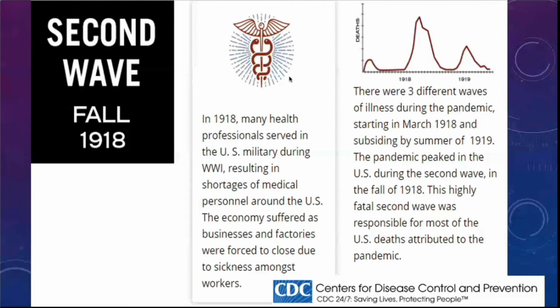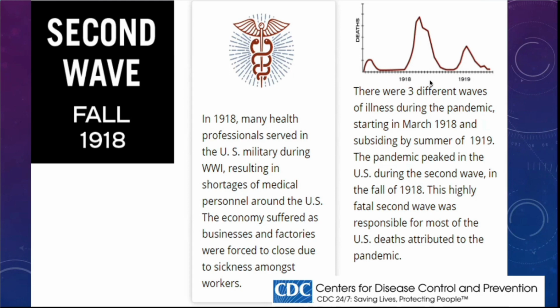The second wave started in the fall of 1918. Here on your right, you see a picture that illustrates the 3 waves. The first one started in March, in spring, and the second one was in the fall, which was the worst peak.